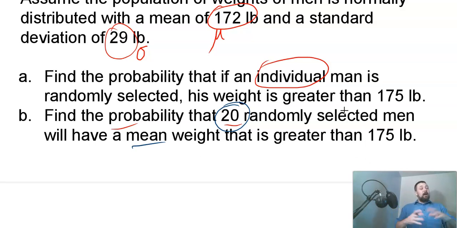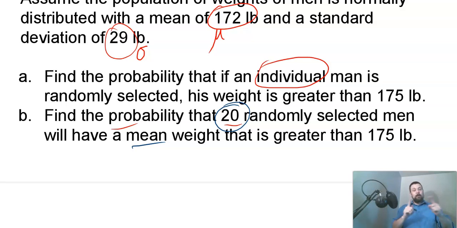If you gloss over the details, they almost look like the same question. They're both asking for the probability that a weight is greater than 175 pounds. The glaring difference is that part A is about the probability of an individual's weight being greater than 175, whereas part B is asking for the probability that 20 people have an average weight that's greater than 175.